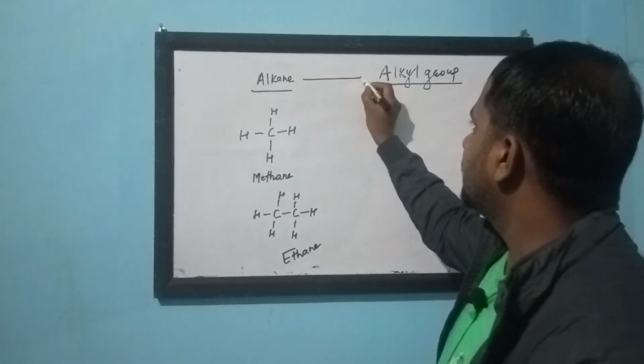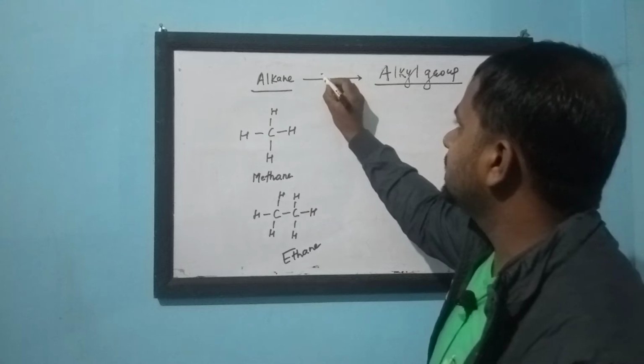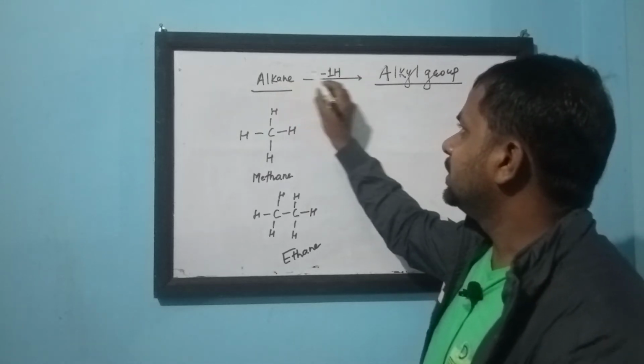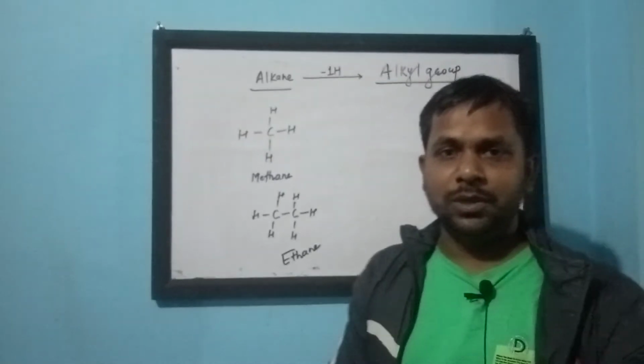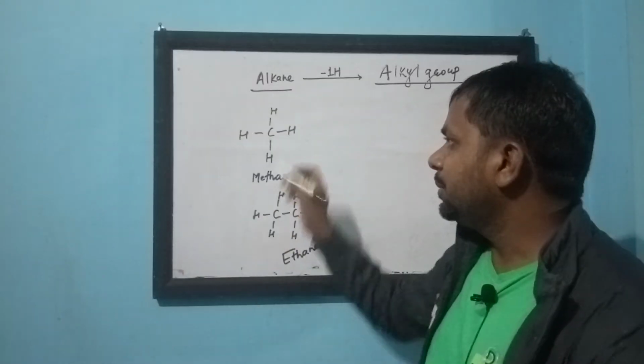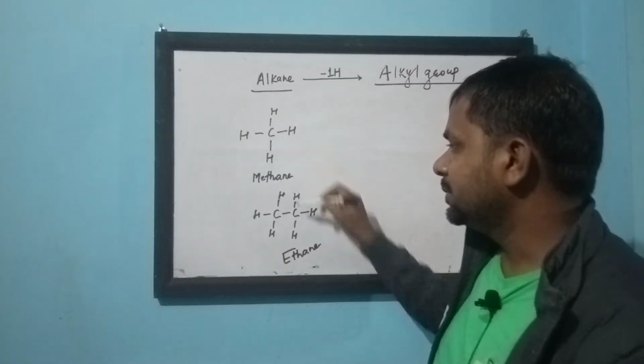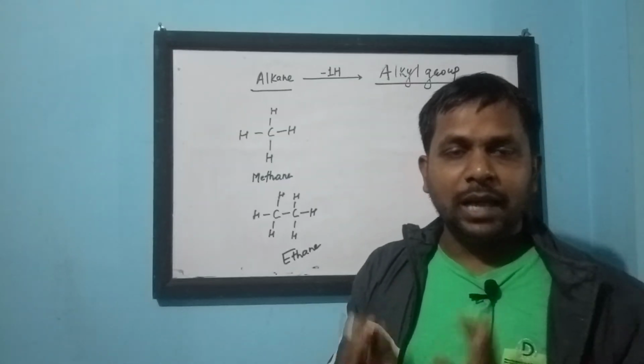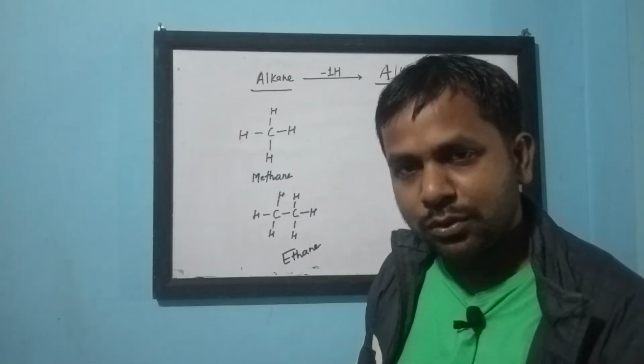When one hydrogen is removed from alkane, then alkyl group is formed. From any of the alkane, if any one hydrogen is removed, that becomes the alkyl group.